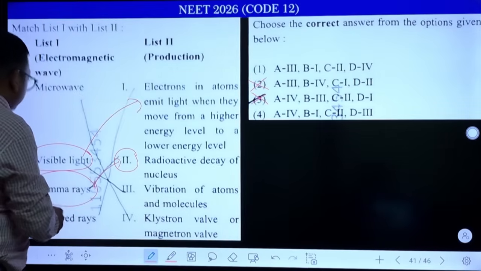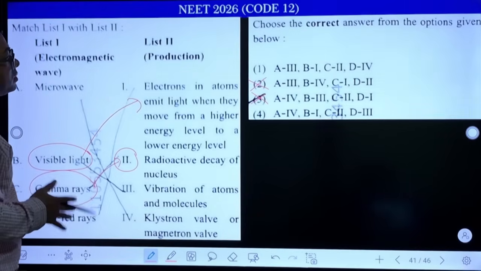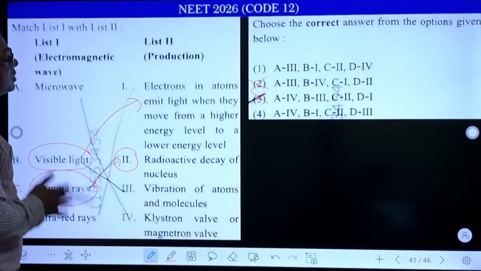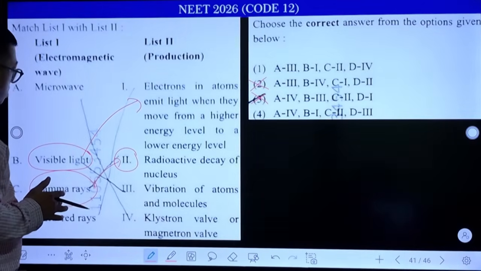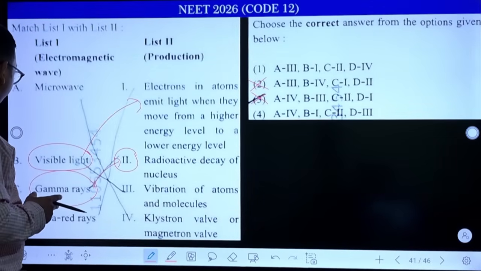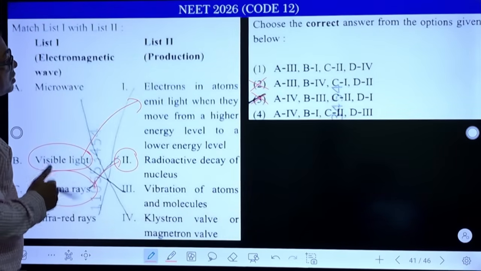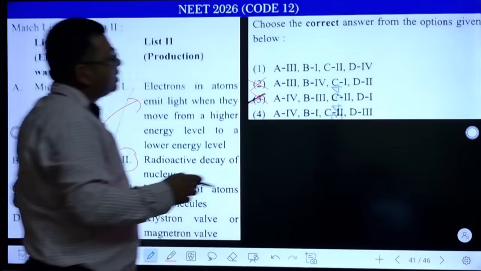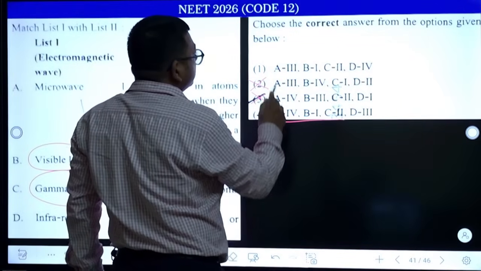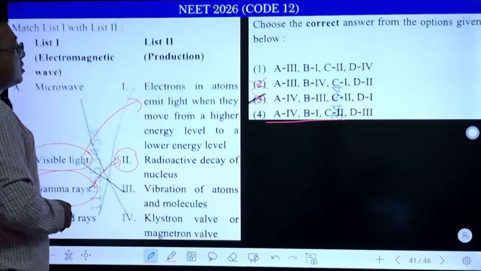Then microwave and D. D and C we have to stick. B is, sorry, B is matching with first. So yes, then C is also the same, right? So now, A has to match with what?